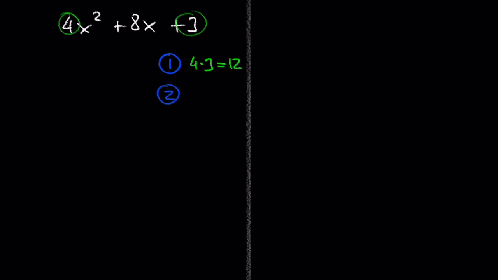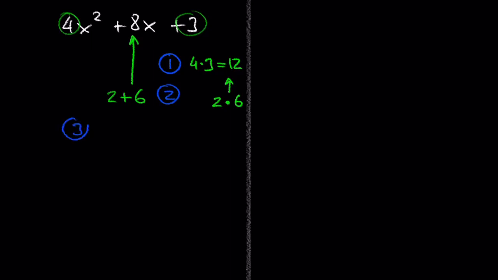Second, we have to find two numbers multiplied by each other are 12, and the same numbers added together are 8. These numbers are 2 and 6. 2 times 6 is 12, and 2 plus 6 is 8.